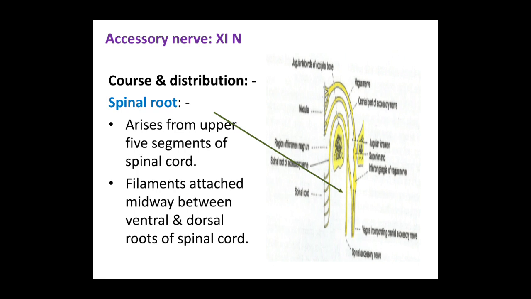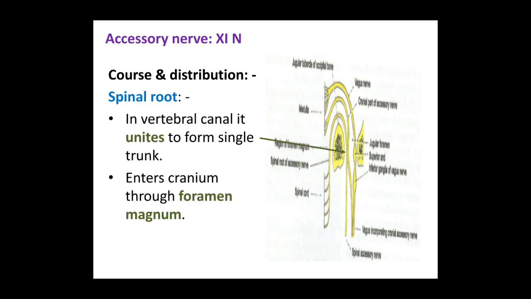Now coming to the spinal root, it arises from the upper 5 segments of spinal cord. The filaments are attached midway between the ventral and dorsal roots of spinal nerves. In the vertebral canal, it unites to form a single trunk and it enters the cranium through the foramen magnum.